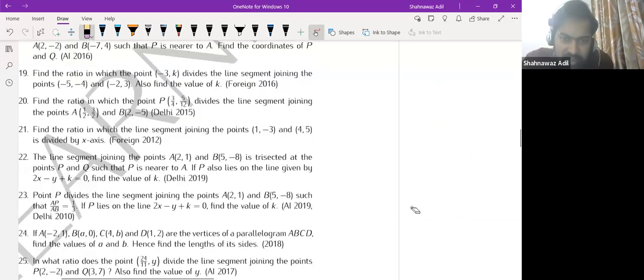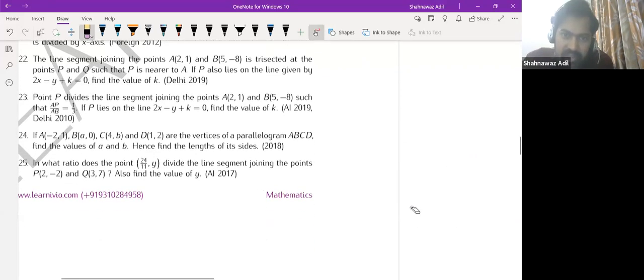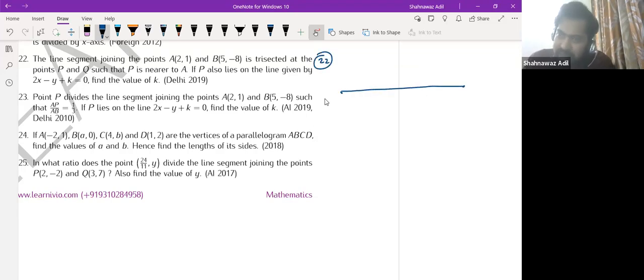Okay, so let us understand this 22nd. The line segment joining the points A and B. So first, let us write. And I have told you many a times that we should draw the diagram. So here A and B is trisected. So how many equal proportions are there?